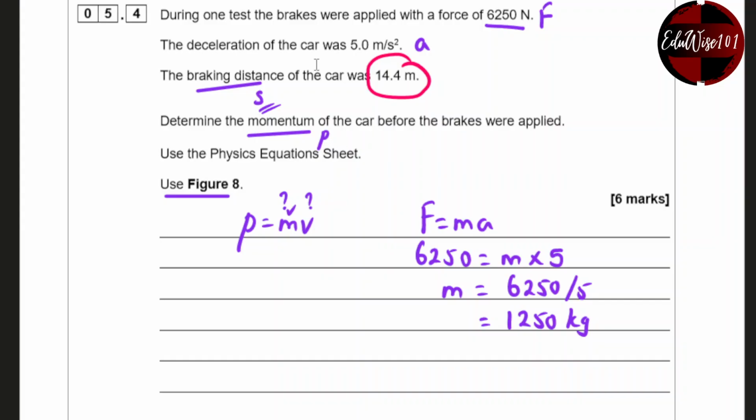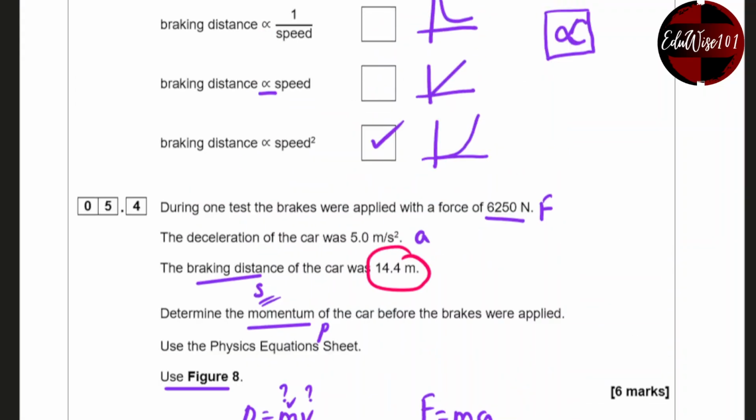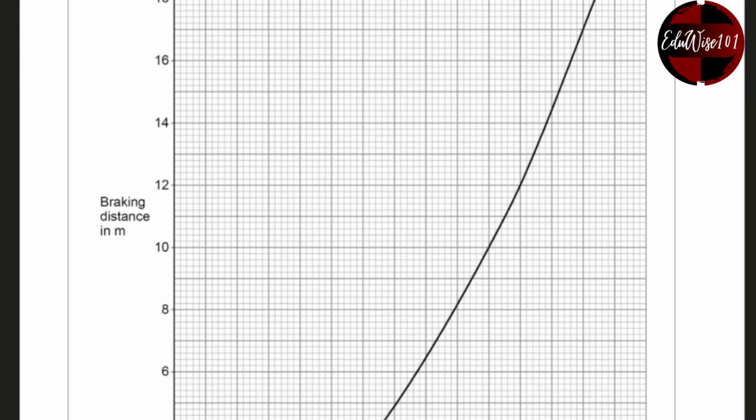So if I scroll back, now each box is 2 meters. So because that's 15, that's only 5 boxes. So this is 14.4 meters over here.